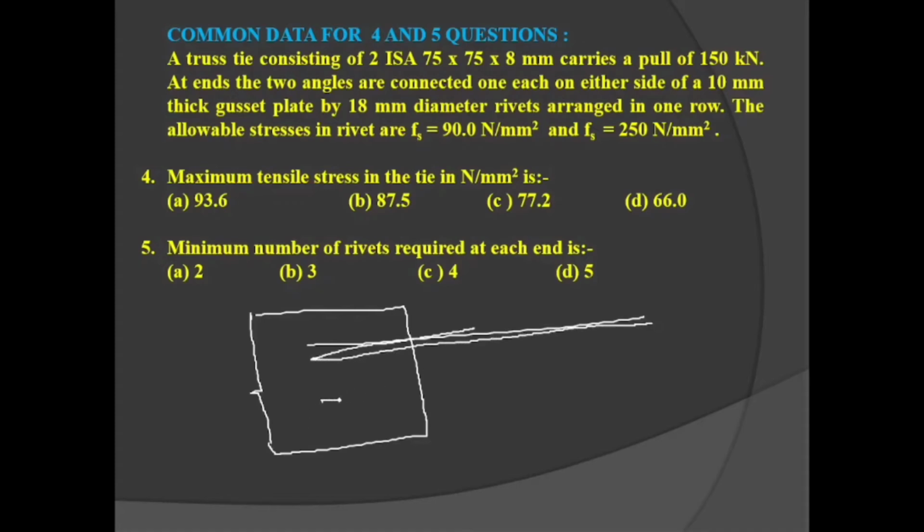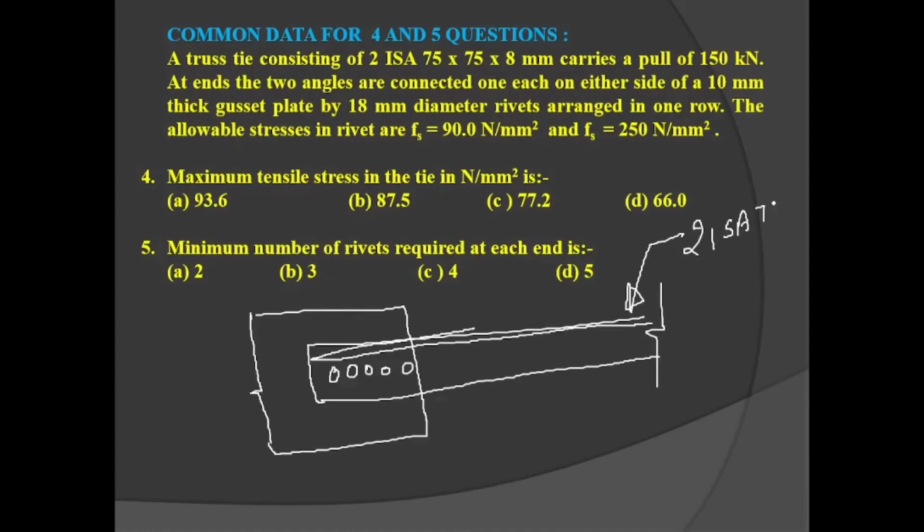It is connected using some number of rivets. So basically two angle sections are there: 2 ISA 75 by 75 by 8.